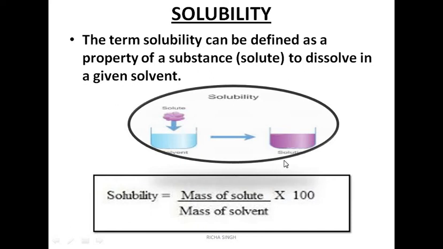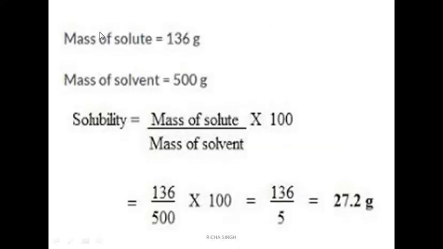We can get more information about this by solving a numerical. Suppose mass of solute is 136 gram and mass of solvent given is 500 gram. So solubility will be 136 upon 500 into 100, which will be 27.2 grams.